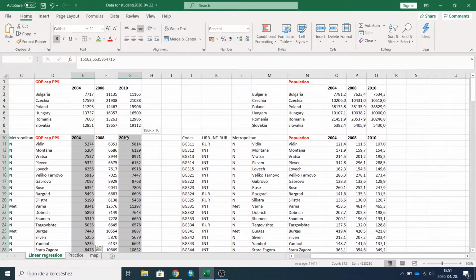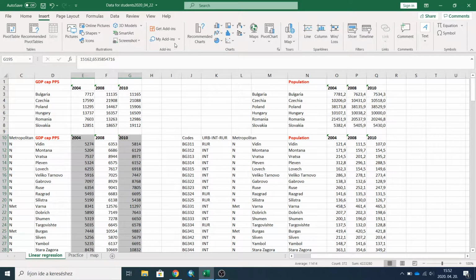This is also a timeline comparison. In theoretical form, the independent variable is the 2004 GDP per capita values of each NUTS3 region. The dependent variable is 2010.